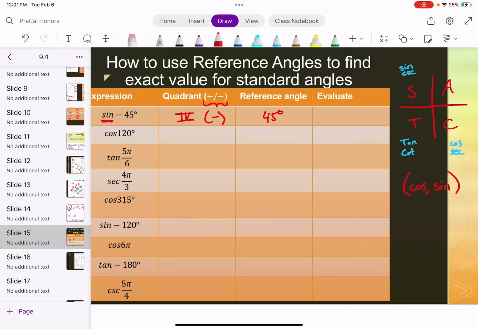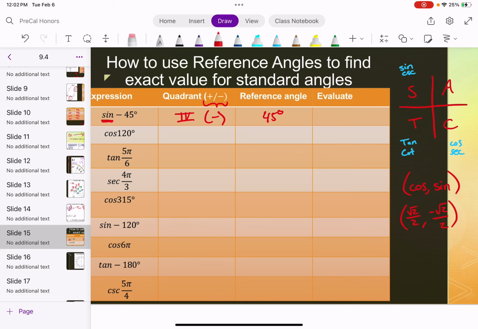In this case, negative 45 degrees would be 7 pi over 4, or 315 degrees, which would be the same as looking at the point square root of 2 over 2, comma, negative square root of 2 over 2.